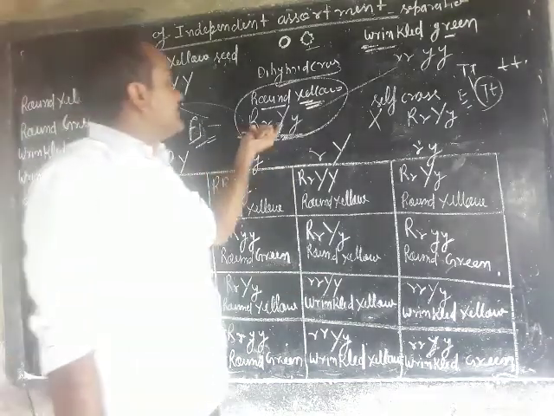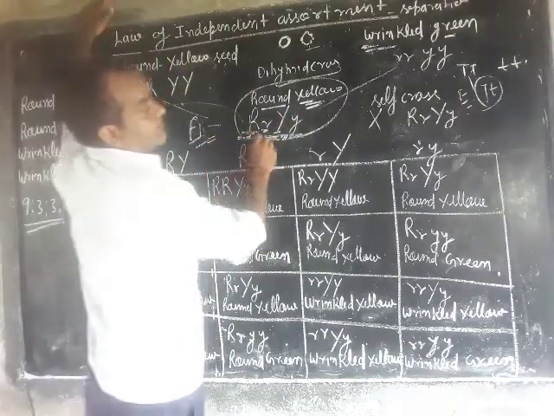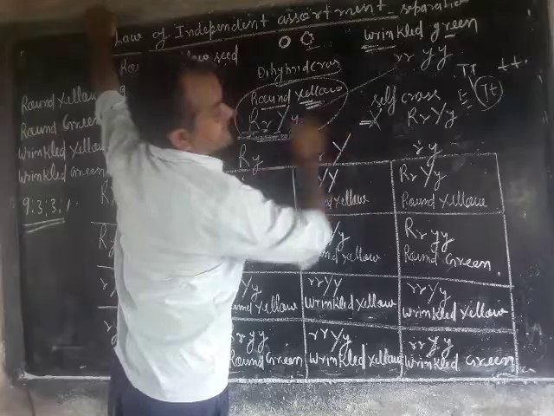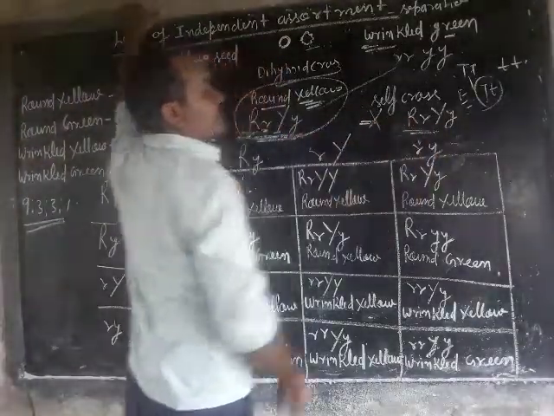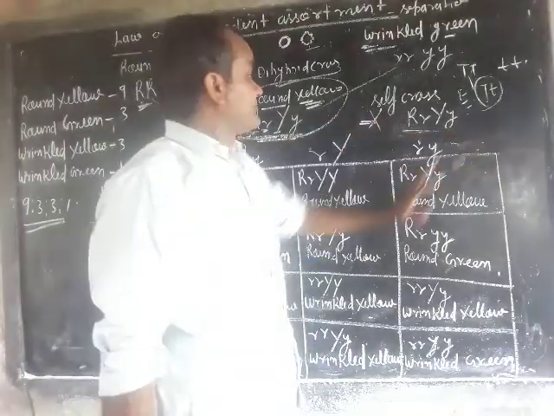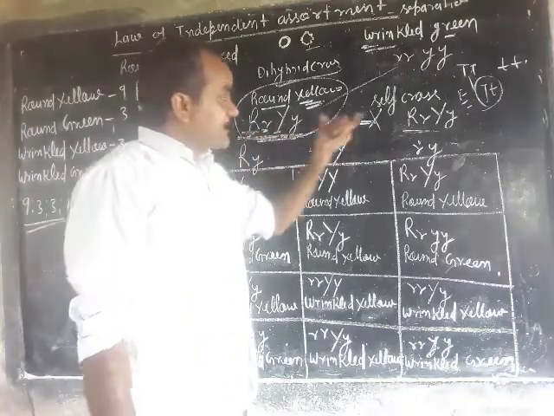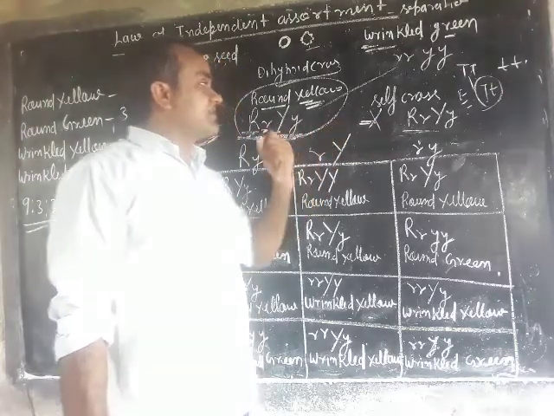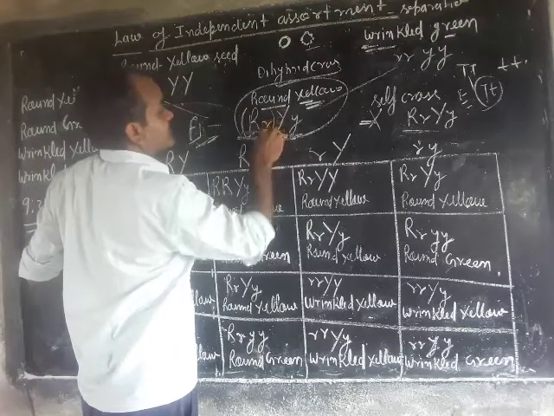Then he crossed, by self-pollination, one F1 plant with another F1 plant having the same genotypic structure.